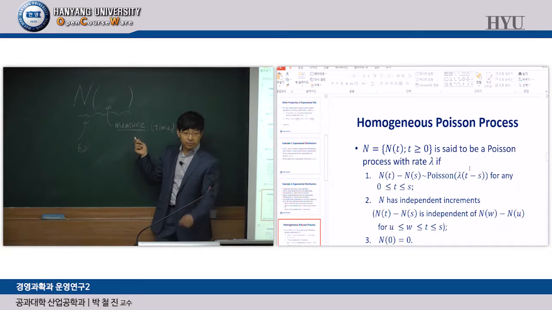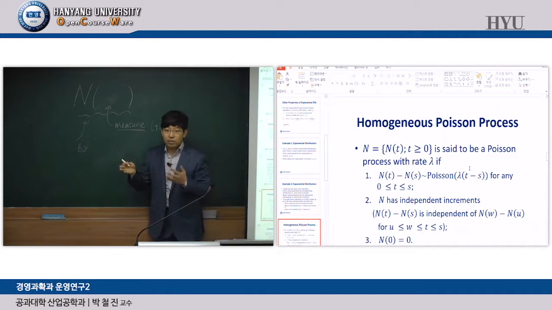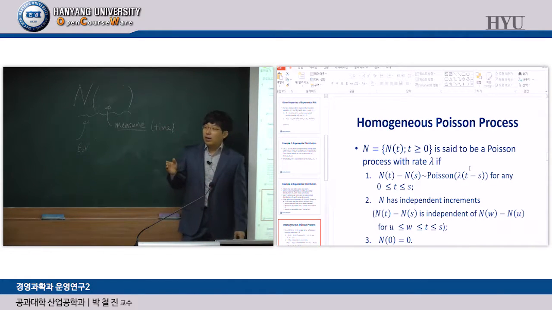For example, if students arrive to the classroom randomly, the arrival of anyone cannot affect the arrival of another student.